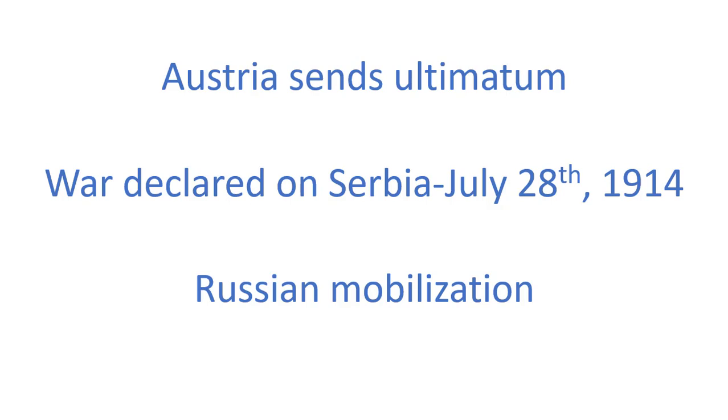Nicholas assented, and tried to explain the situation to his cousin, Germany's William II. William told Nicholas to back down, and that if he didn't, Germany would have to begin mobilizing. Nicholas refused to stop, so Germany began mobilizing its armies and sending them to the border with Russia. France, Russia's ally, began mobilizing its forces in response to Germany's move against its friend.